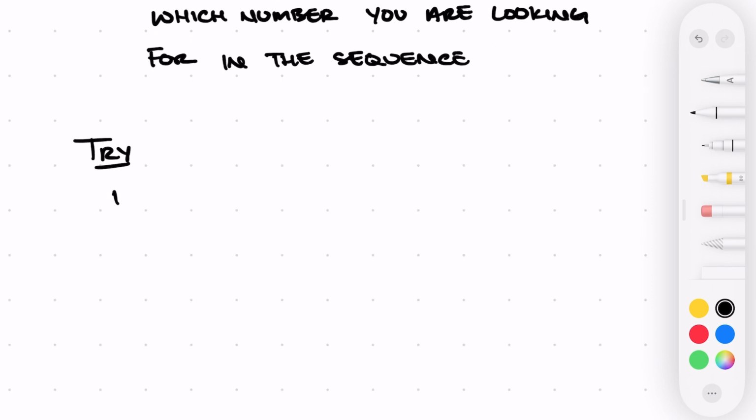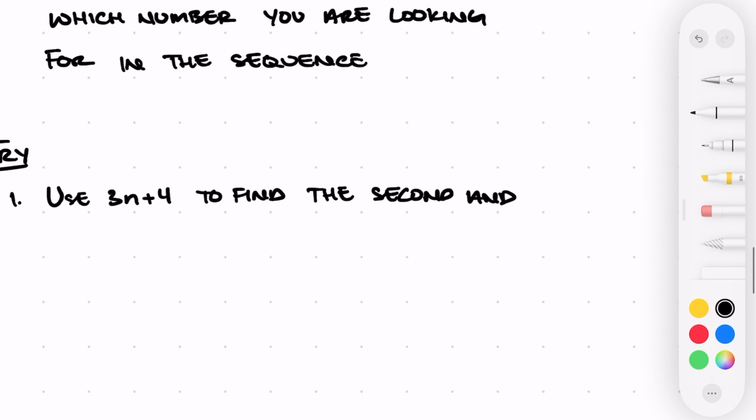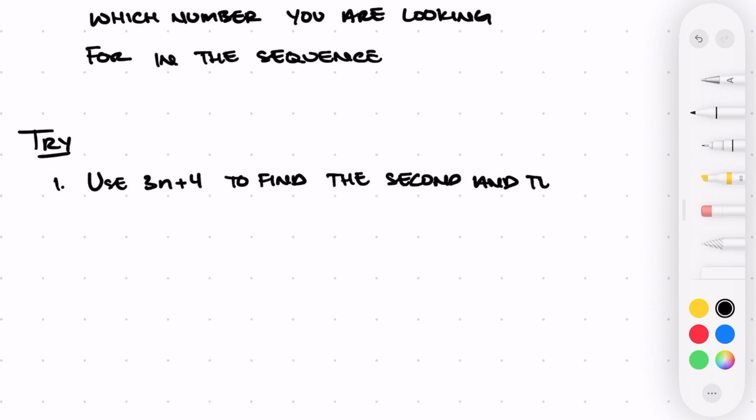All right, so let's say that you use the formula 3n plus 4 to find the second and 10th term, and I'm going to use the word term. The term simply means like the number, right? So the second and the 10th term, which means that for the second one, let's actually write second.